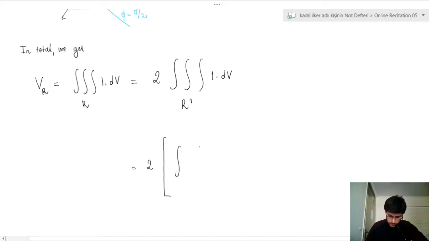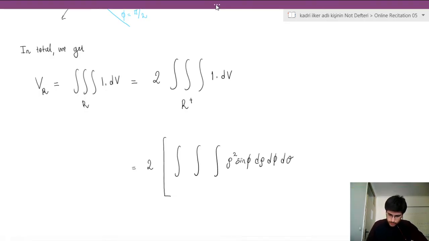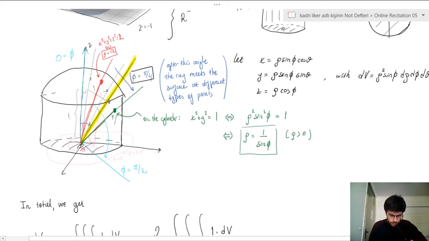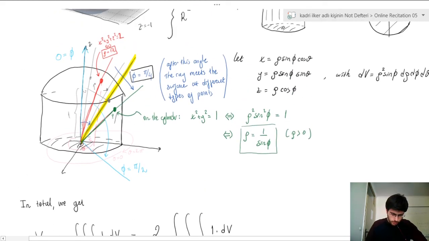So let me start with this iterated integral, which is standard. This is not the deal. But as we discussed, we have a kind of a critical angle, which is pi over 4. So up until pi over 4, our rho, remember the red light beam, we have red light beams until we reach the angle pi over 4.